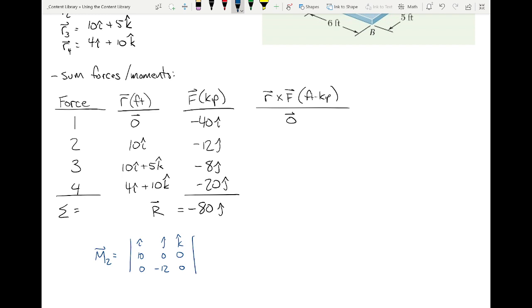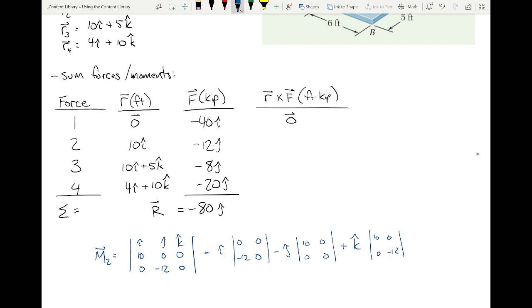Now, like I said, if you want, you can do this off to the side or maybe get your calculator to do the heavy lifting. So i times 0, 0, negative 12, 0, minus j times 10, 0, 0, 0, plus k times 10, 0, negative 12, sorry, I did that backwards, 0, 0, negative 12.